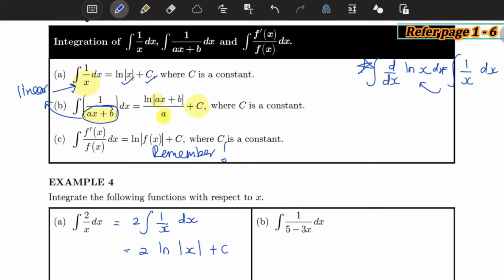But if we have, let's say, 1 over x squared plus 1, integrate, okay, the answer is not ln, because the denominator is a quadratic, not a linear function.